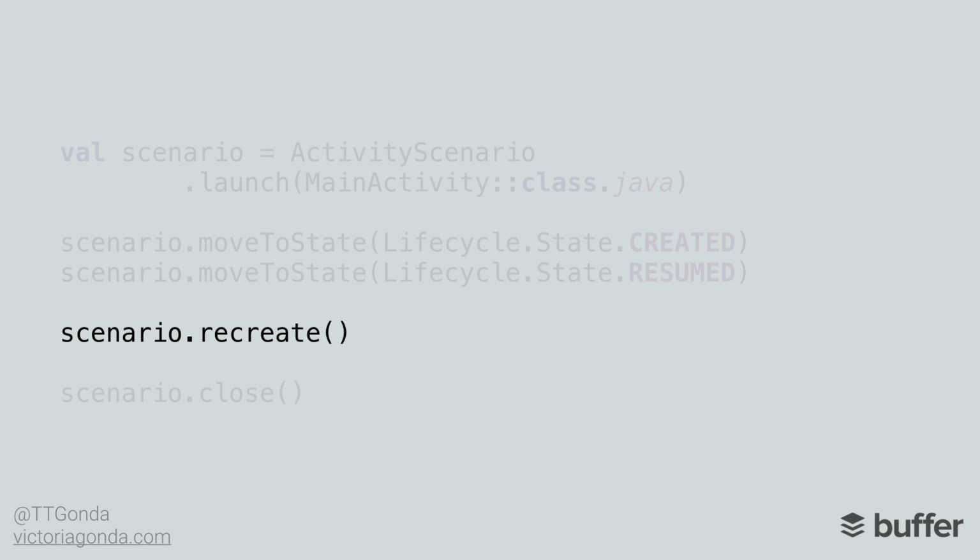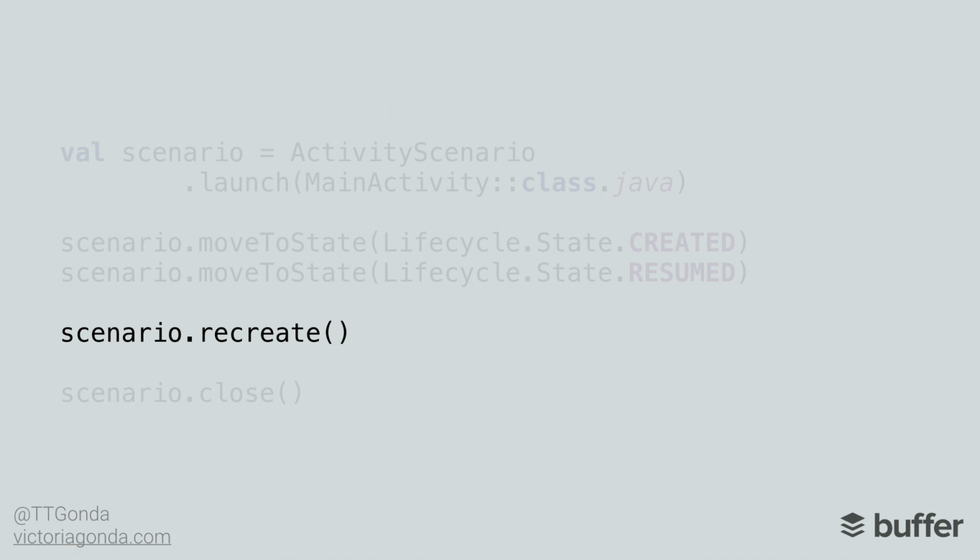If you do want to test how your activity behaves after the system has destroyed and recreated your activity, you can use the recreate method. With it, the current activity will be destroyed after the data is saved with onSaveInstanceState, and then it creates a new activity with that saved state. After this method call, the activity state goes back to the same state as the previous state by using the onSaveInstanceState.